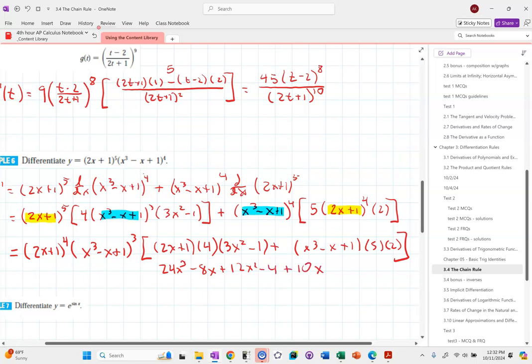And then we got these guys. That's easy because I'm just distributing a 10 through. So let's see, I have 34x cubed, and then minus 18x, plus 12x squared, and then plus 6.